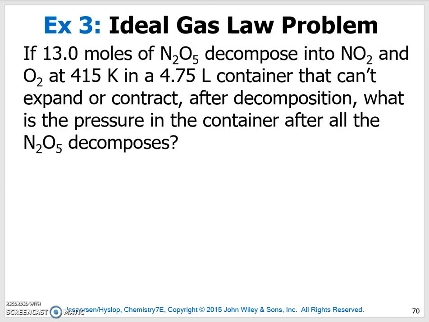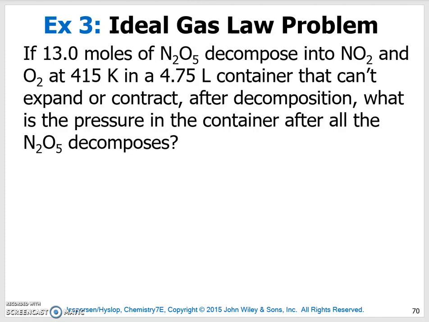If it can't expand or contract, that means that volume is fixed, but pressure will change. And then if it's a container, that also means that moles is going to be entirely changing from the reaction occurring. So, what is the pressure after all the dinitrogen pentoxide decomposes?